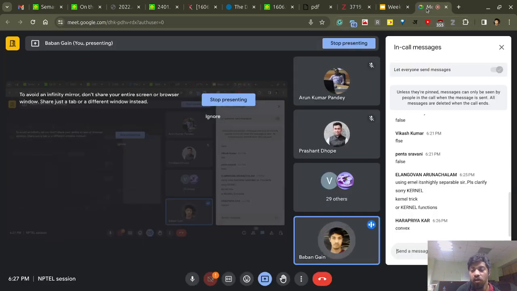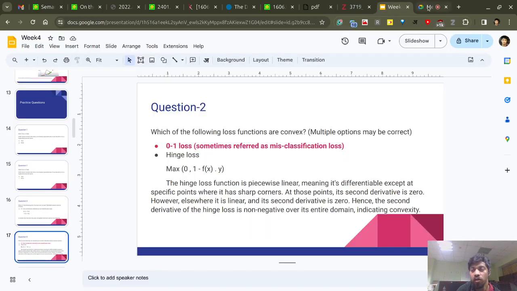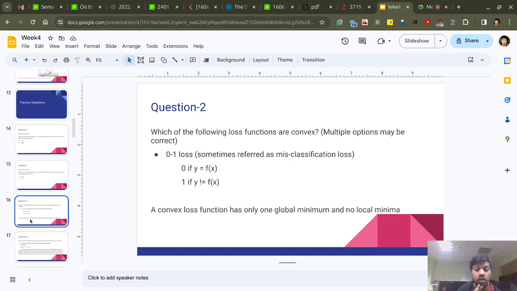This is not convex, actually. If I show you a diagram, it will be much clearer. For now, understand that in this case there is no second order derivative, but the condition is that the second order derivative should be greater than or equal to 0.